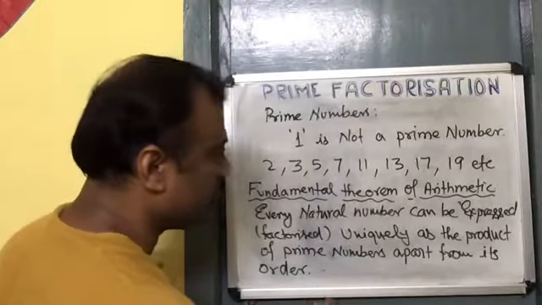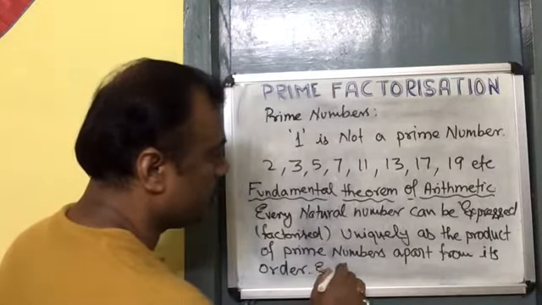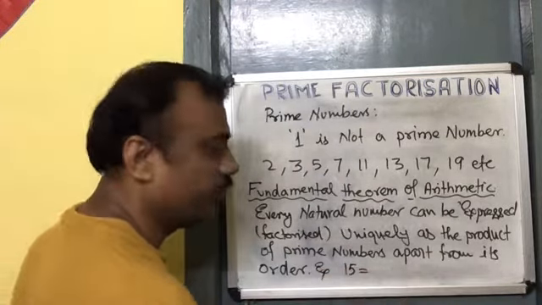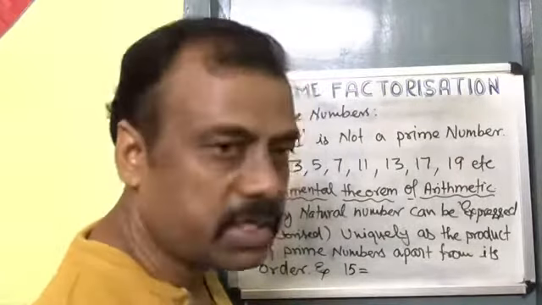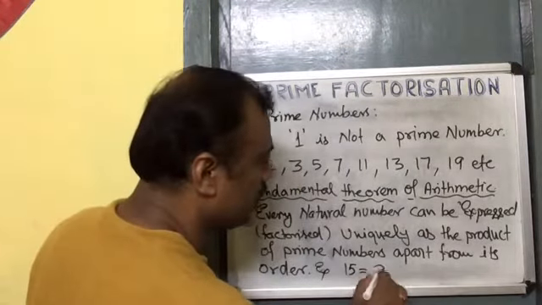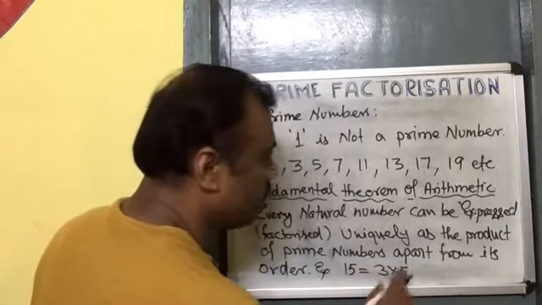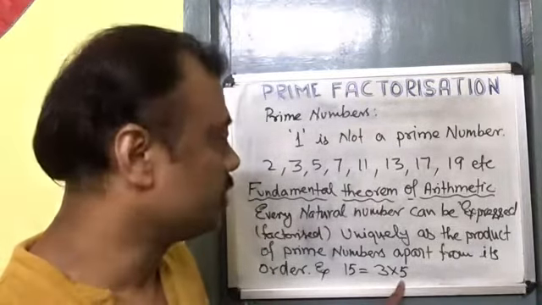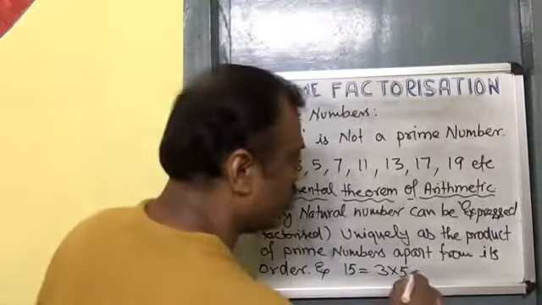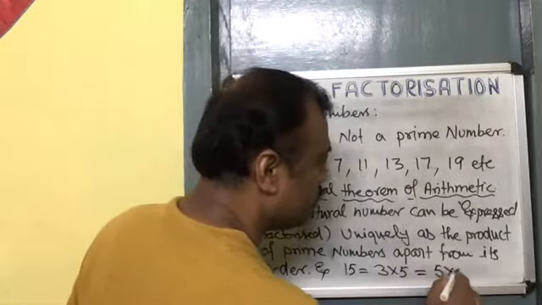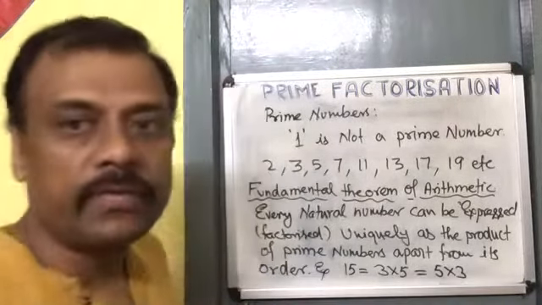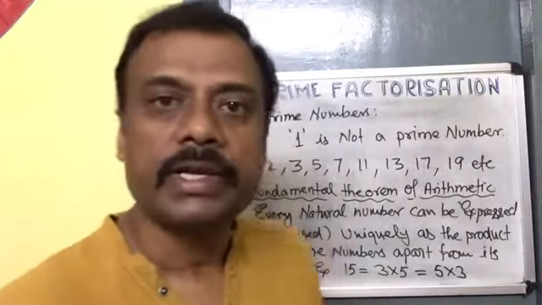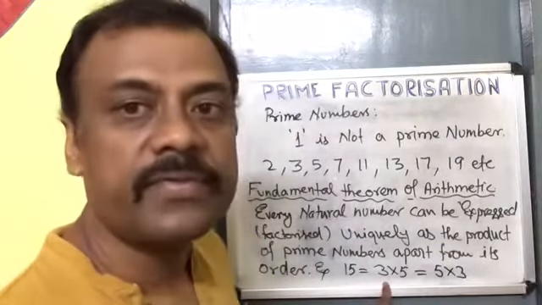Suppose I have taken one number, 15. I'm going to write it as 3 into 5, where 3 and 5 are both prime numbers. I can also write it as 5 into 3. We are not able to find any other prime factors.